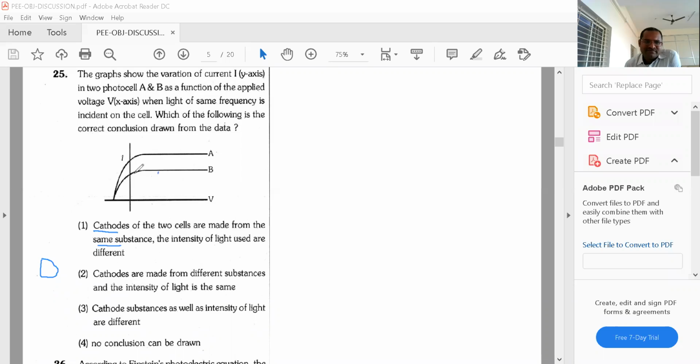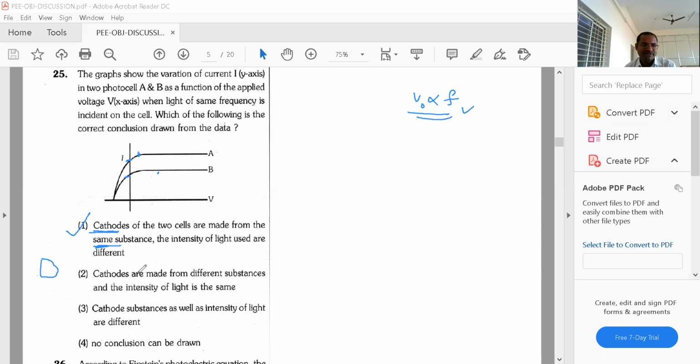From these curves, the intensity is different, right? The cathode is the same, which means the stopping potential is the same. Stopping potential is the same means frequency is also the same. Are you understanding? That means the first option is correct. You have to understand this point.